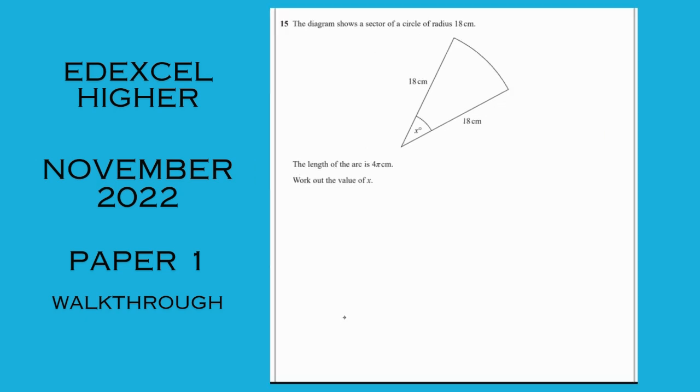So number 15, don't forget the formula for the circumference of a circle is 2 pi r. And this is a fraction of a circle. We just don't know what fraction. But what we do know is it's the circumference multiplied by the fraction out of 360 because it's a circle. We can get rid of the pi's and we can start to tidy up. The left-hand side has now just got a 4 on it.